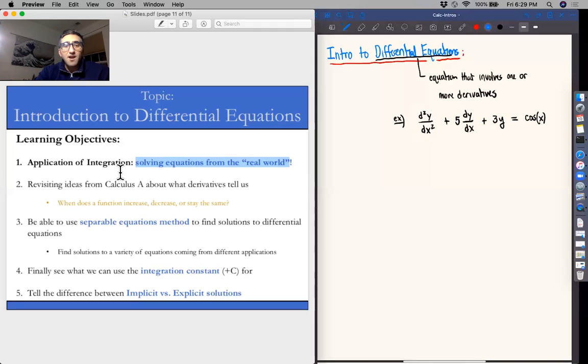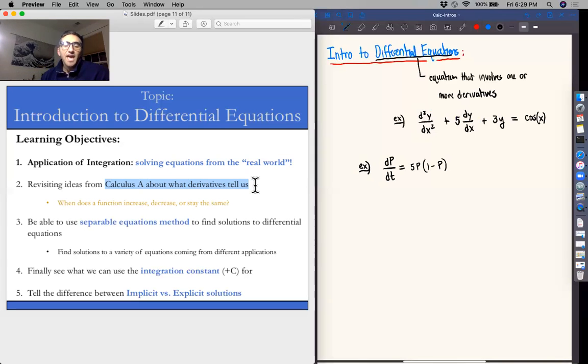Now, where we're going to start in our course is revisiting some of the ideas from Calc A about what derivatives tell us. A lot of the differential equations we'll be thinking of in this class will be things like dp/dt, where p is a dependent variable that depends on the independent variable t, equal to 5 times p times (1 minus p).